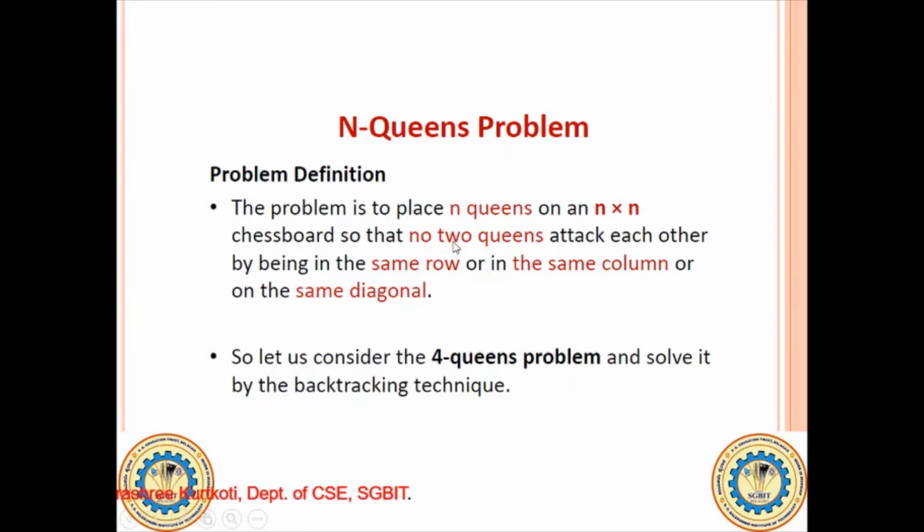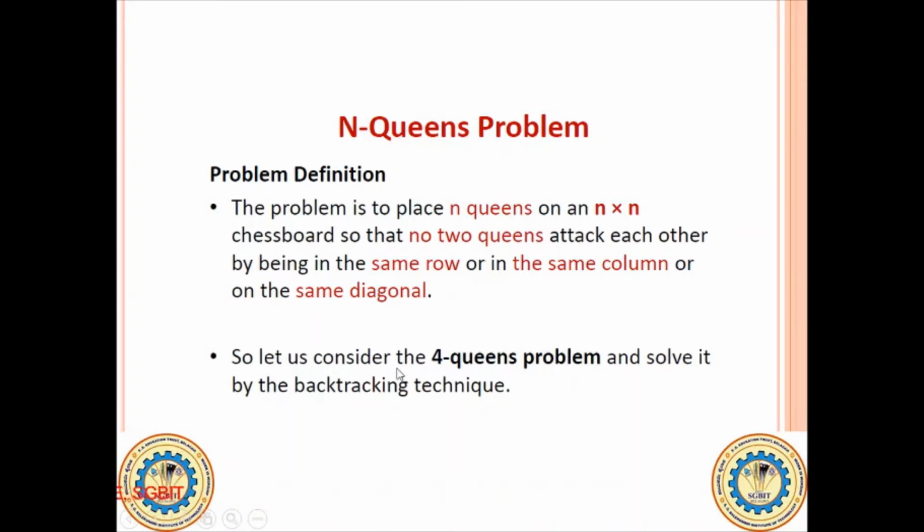If they are in the same row or same column, or in the diagonal, then we say they are attacking each other. So we cannot consider those queens. We have to find the solution in such a way that no two queens are in the same row, column, or diagonal.